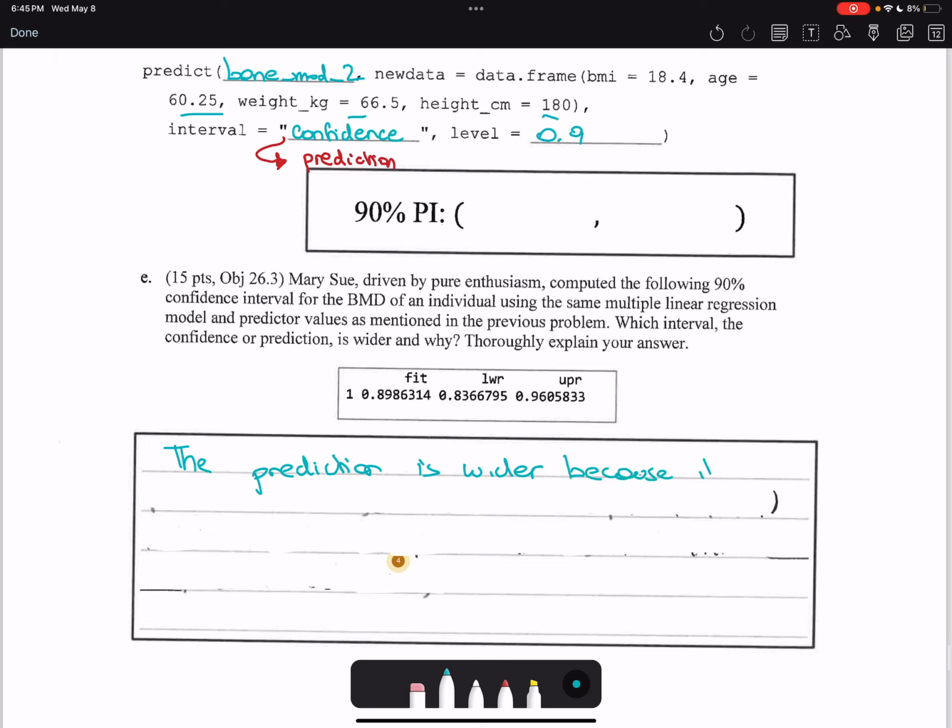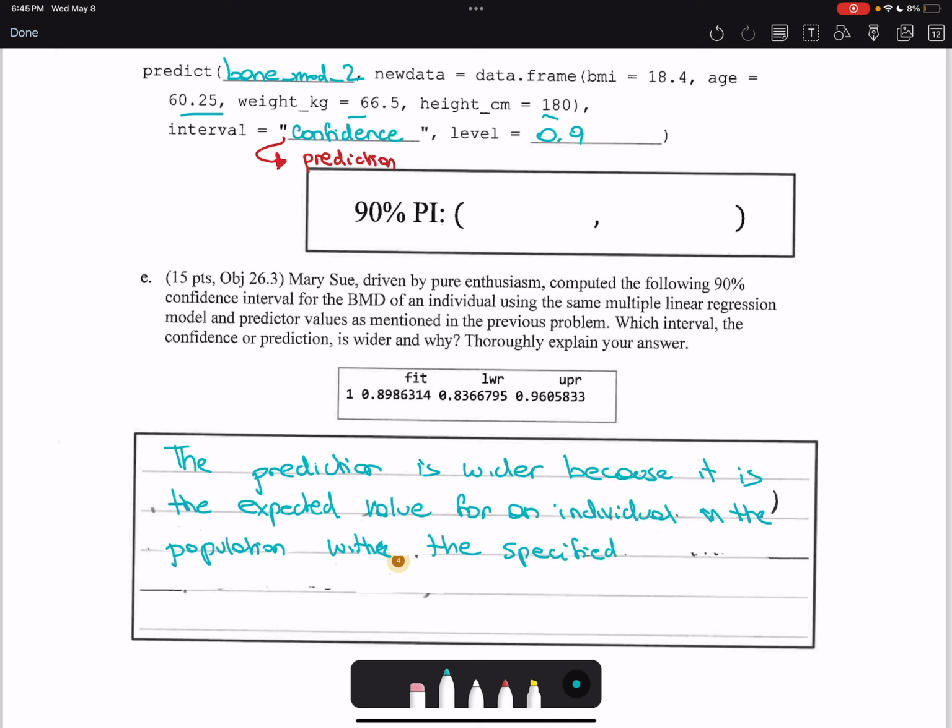because it is the expected value for an individual in the population with the specified predictor variables.